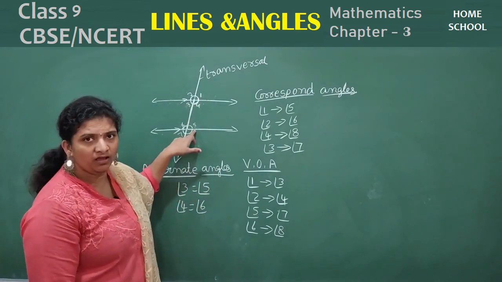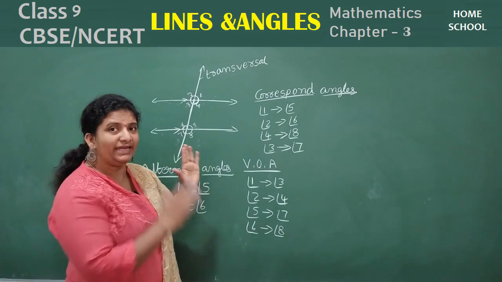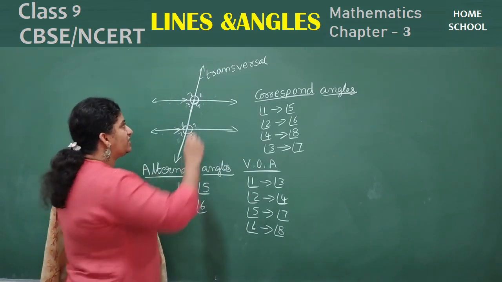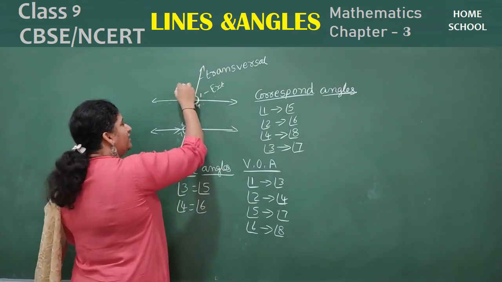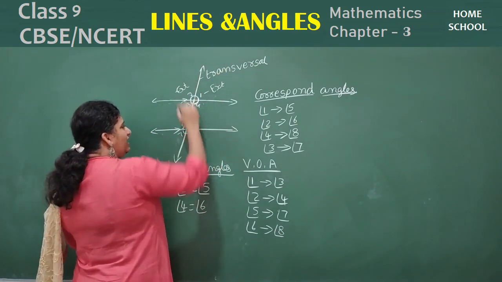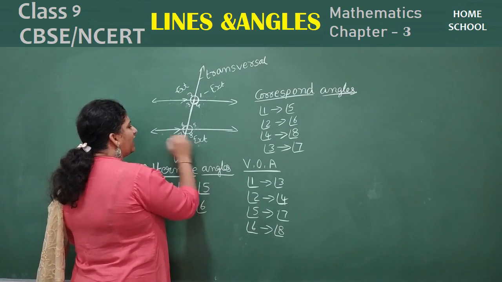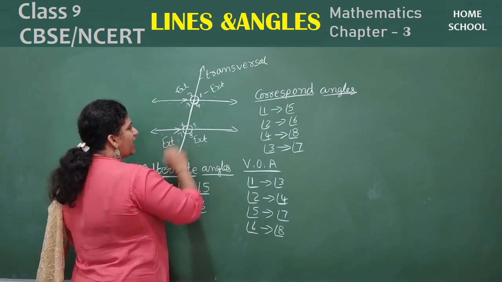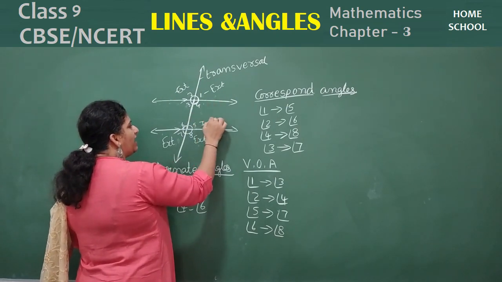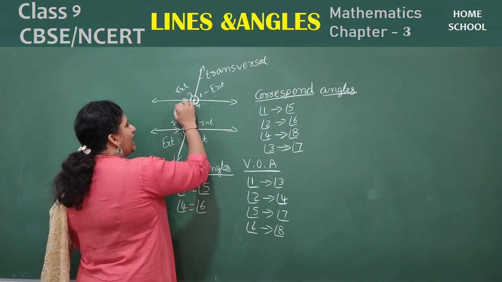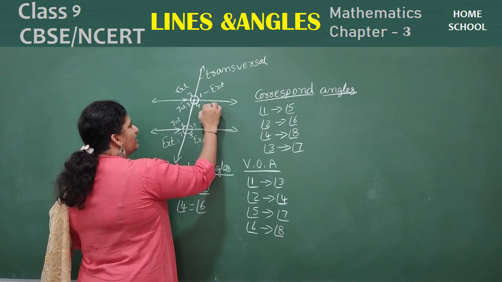Sum of the interior angles. Now observe here, this is exterior, children, outside, right? This is also an exterior angle and this is an exterior angle. This is also an exterior angle. So the angles which are in between two parallel lines, I call them interior angles.